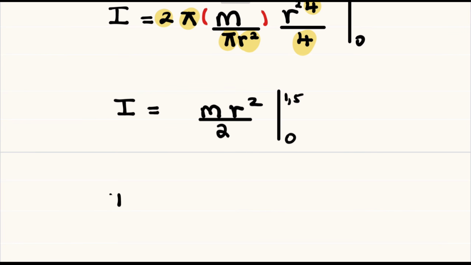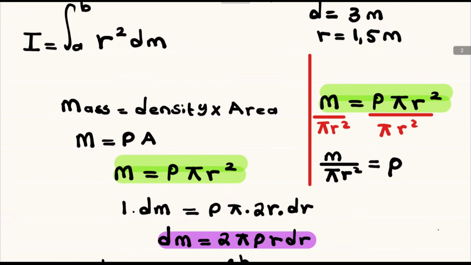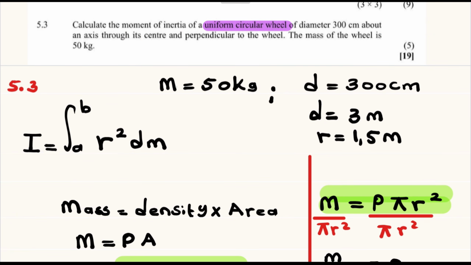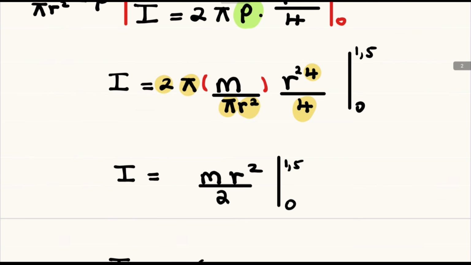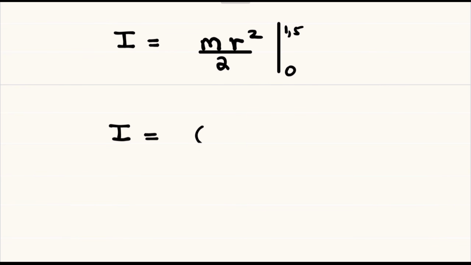So we can substitute. So we have I is equal to, in the place of the m, we were given m as equal to 50 kg. So in the place of the m, we substitute the 50 kg. And we start by substituting the 1,5. This is divided by 2, but then the 1,5 is squared.